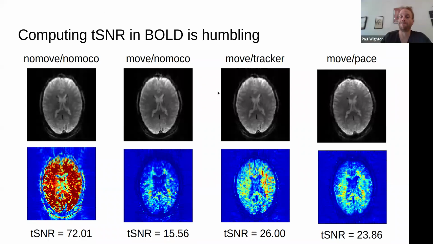Yeah, and so why is the TSNR hit in EPI so brutal? I do think it's a combination of steady state and B0, but I wouldn't have believed this until I computed it myself too, and this is why I think it's such a humbling thing to do. It really drives it home. I guess a question for you, Paul, is that with prospective correction, we still can't undo what's happened, right?